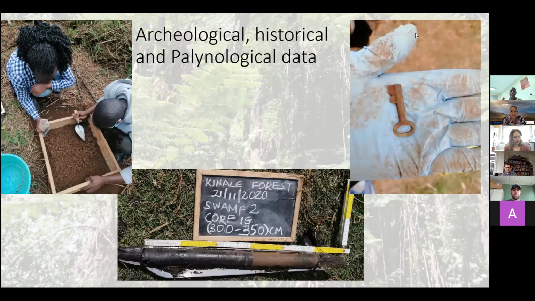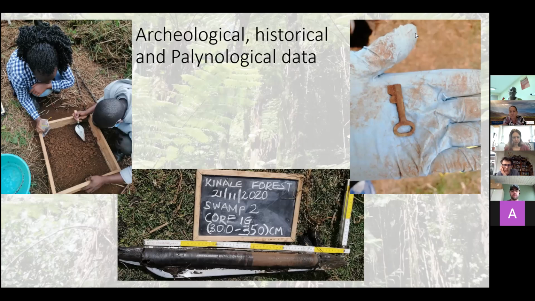Some of the finds that were evidence of historical occupation and the archaeological aspect are things like keys. These were things that were never there before the colonial time. If you see some of these, and the coins that we found, they tell us that truly these people were living there.